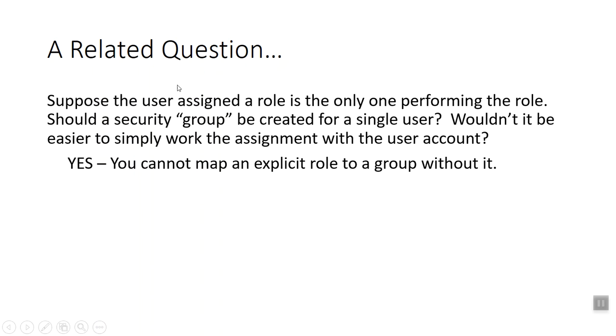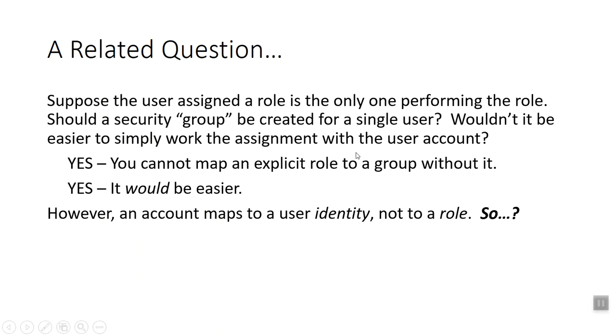Now, wouldn't it be easier to simply work the assignments with the user account? Oh yes, it would. It would be easier. However, an account maps to a user identity, not to a role. You're saying, so what? So groups have to do with roles or projects or whatever. It has to do with functions and responsibilities, but an account has to do with identities.